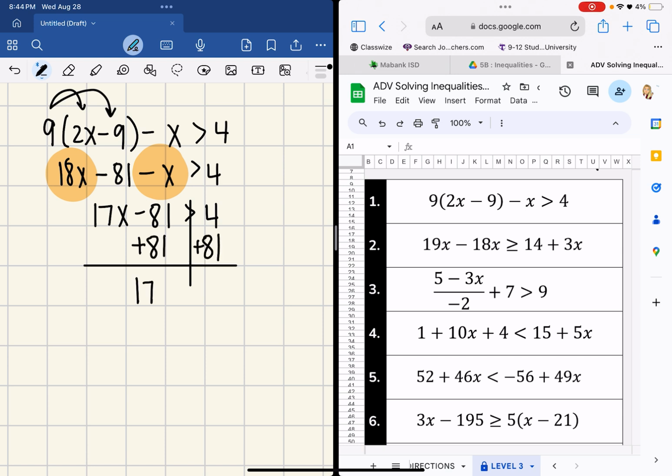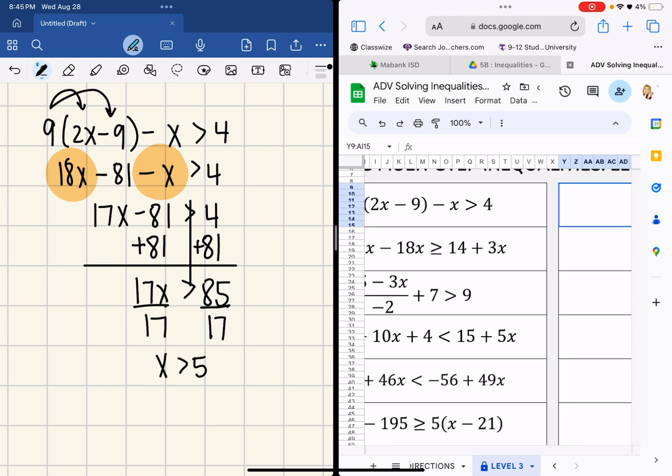I have 17x greater than 81 plus 4, which is 85. And then the last step always is to divide. So 85 divided by 17 is 5. So x is greater than 5. That's what you would put in the box right here.